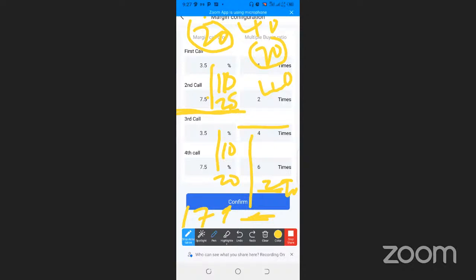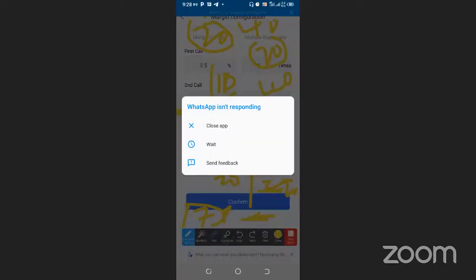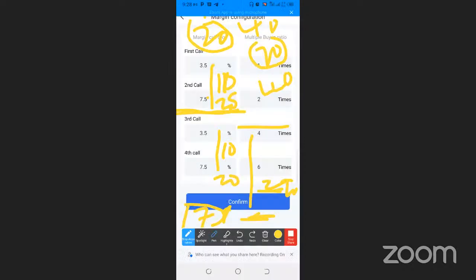That means you will only have 22 call drop floating loss if Bitcoin went down to $17,000. Do you see how this setting sustains the market? And you will still have balance in your USDT to sustain the market. It's only when you want to gamble that you will have some problems.